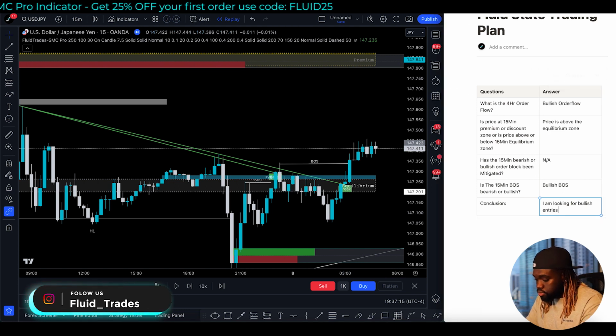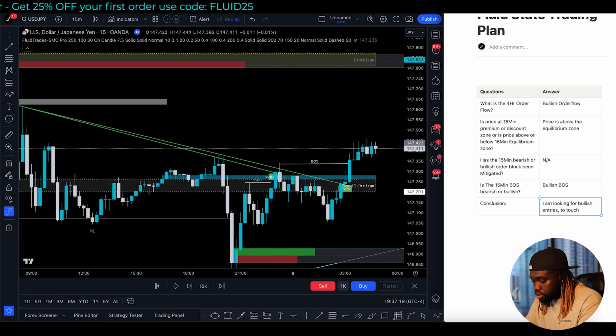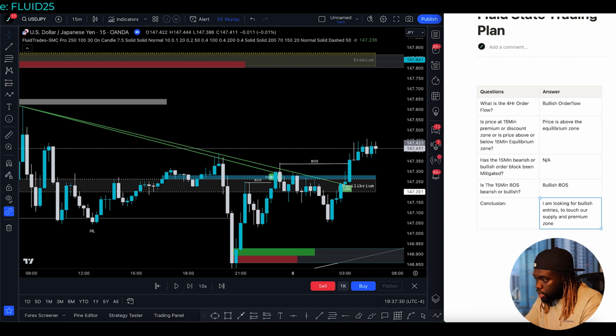Simple. To touch our supply and premium zone at 147.841.